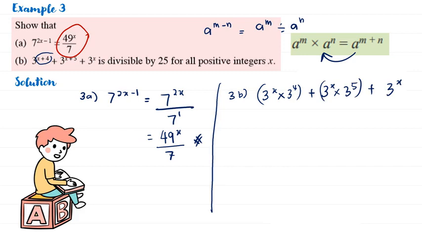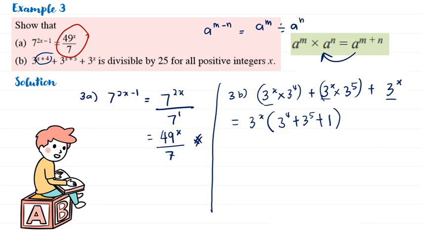Since this is addition, we cannot solve it using laws of indices, but we can factorize 3 to the power of x, since all the expressions here have 3 to the power of x. So 3 to the power of x, in bracket, 3 to the power of 4 plus 3 to the power of 5 plus 1.